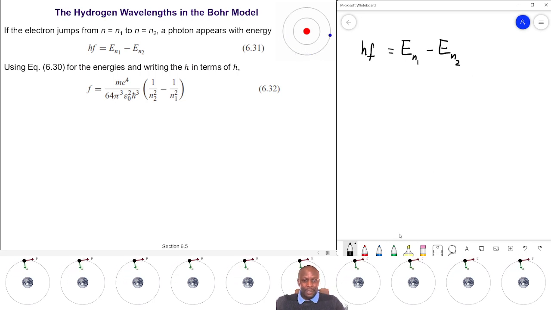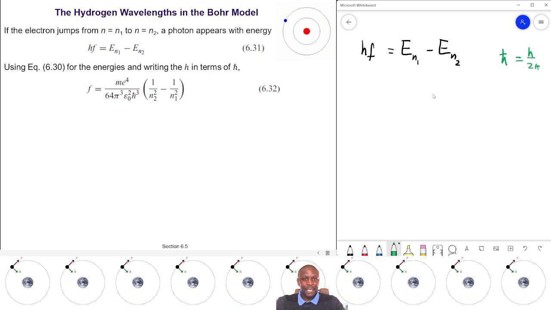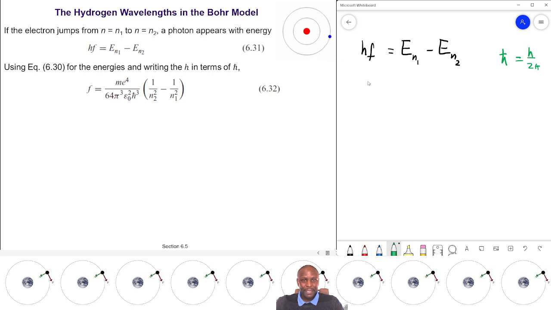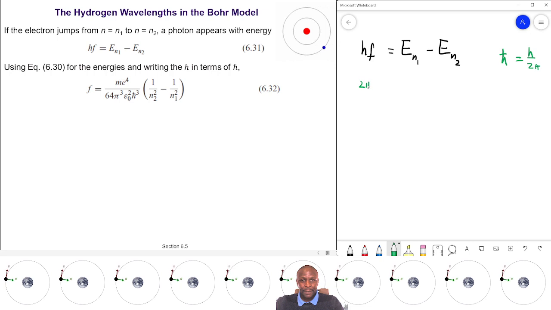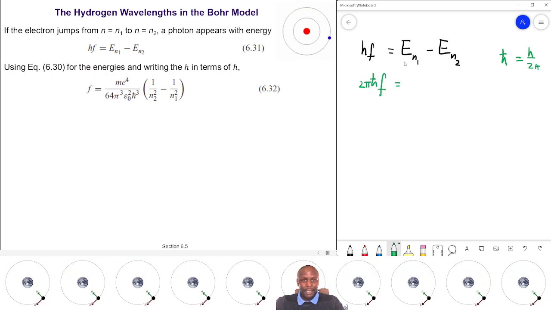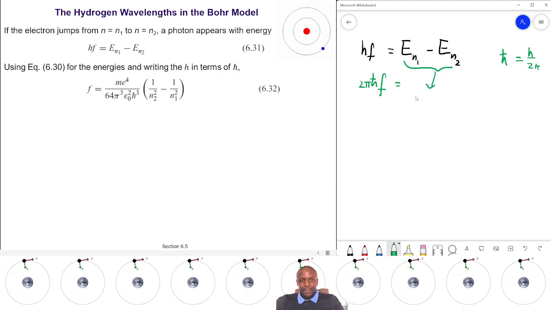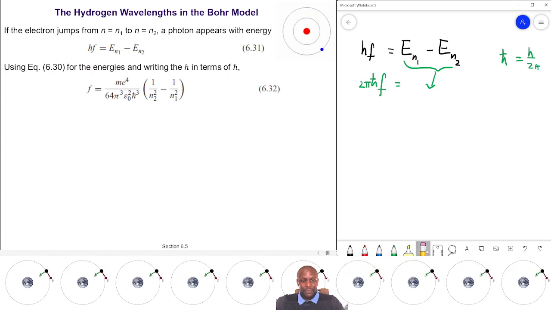So now, from the fact that h bar is just equal to h divided by 2 pi, instead of writing h, I can just write the multiple of 2 pi h bar, and then the frequency, and then this term here will come here. Right, from there, you know what the energy is, and then you will divide by 2 pi h bar. So now this is what you are going to have if you do that.